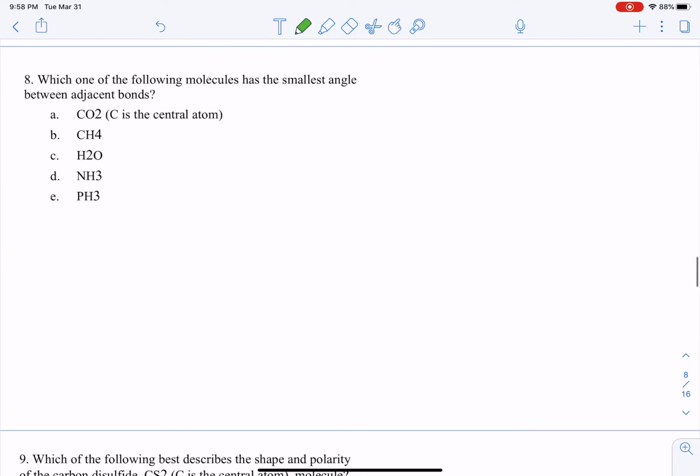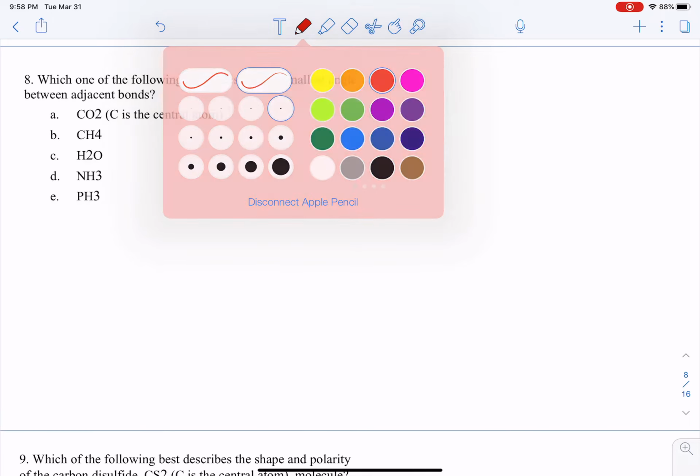Now going on to question number 8. Reading the question again, which one of the following molecules has the highest angle between the adjacent bonds? Here we will again be using the VSEPR theory, but we might be going further beyond the VSEPR theory also. So let's make the Lewis structure of the elements first.